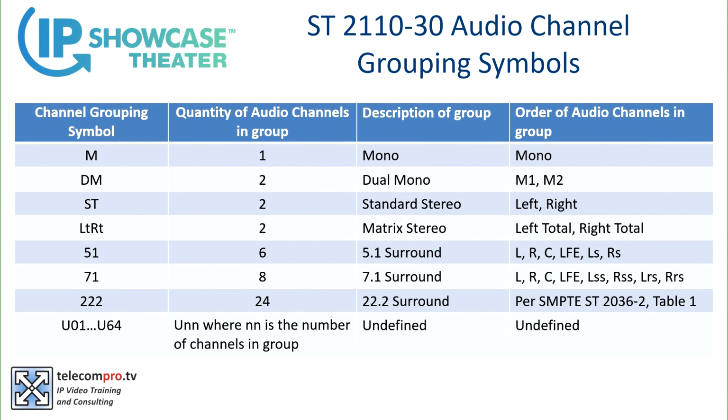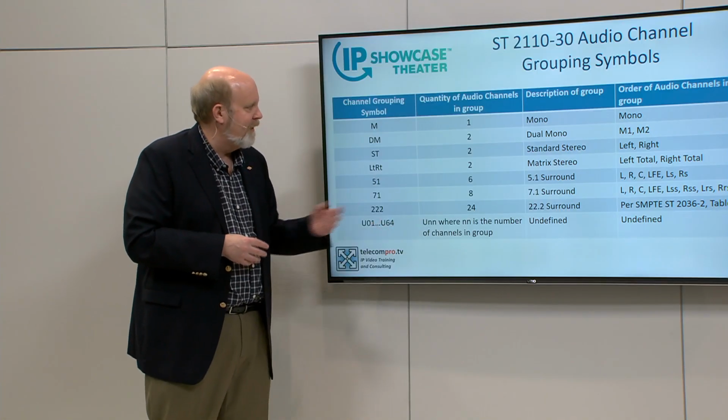We have 5.1 surround, 7.1 surround, 22.2 surround, way cool. And it's too lazy to list out all the things. They don't even list it in the standard. And then if we don't like any of these groupings, we can say we have a group of 37 undefined channels or 59 undefined channels. We can use any number we want between 1 and 64.